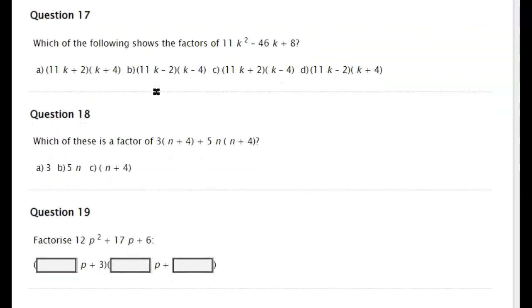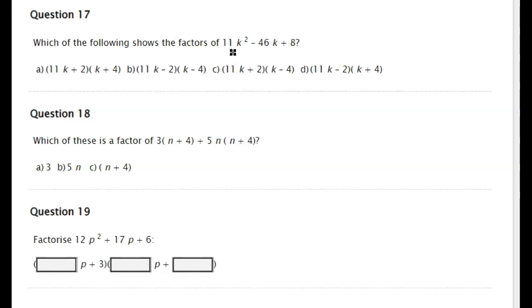All right, question 17. Which of the following shows the factors of 11k squared minus 46k plus 8? So here we're moving into non-monic trinomials. That just means we've got a coefficient of k squared that isn't 1.